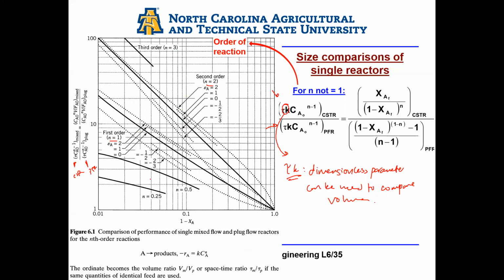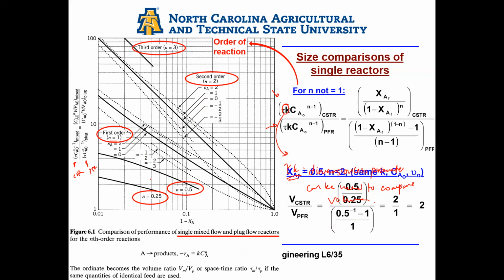These are the lines, and here it's 1 minus XA. You can see from this chart, we can make a bunch of conclusions, that the volume of the CSTR is always larger than the volume of a plug flow reactor. So I always need a larger CSTR to achieve the same conversion as in a PFR.